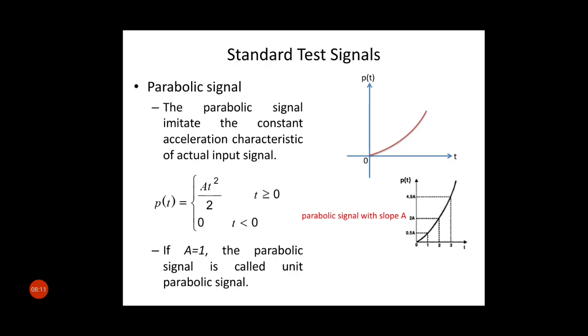You just take these values of t, and substitute each t value in the graph. You will get some points with respect to the x-axis, and join the points and you get this shape. So these are the definitions of the standard four test signals.